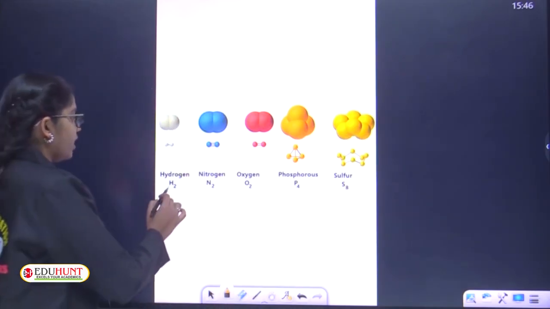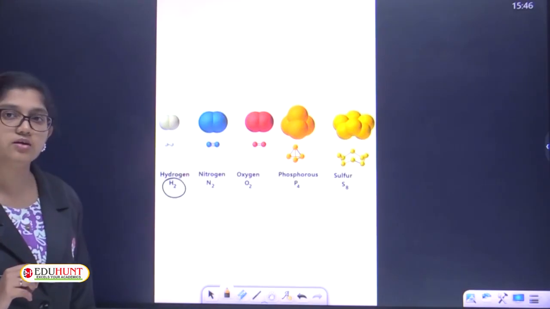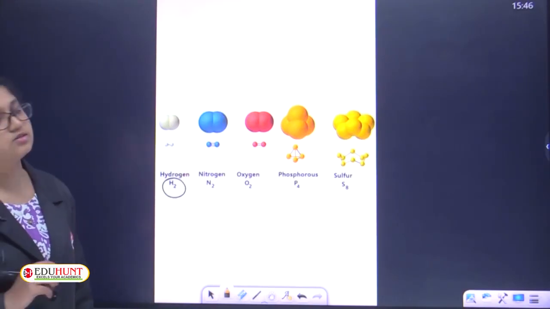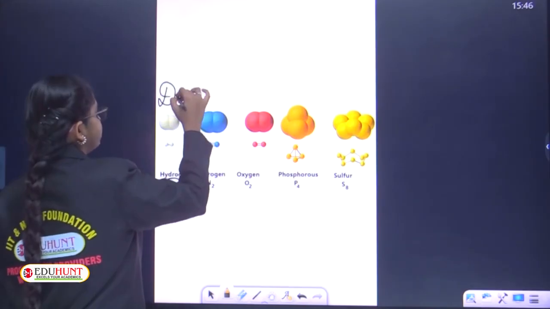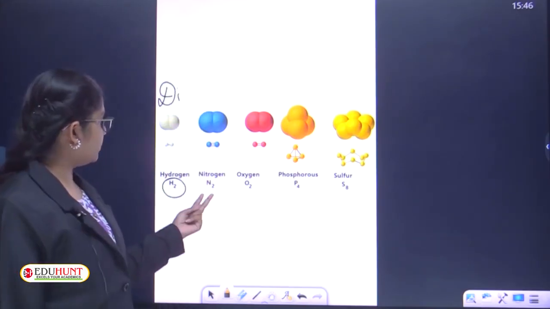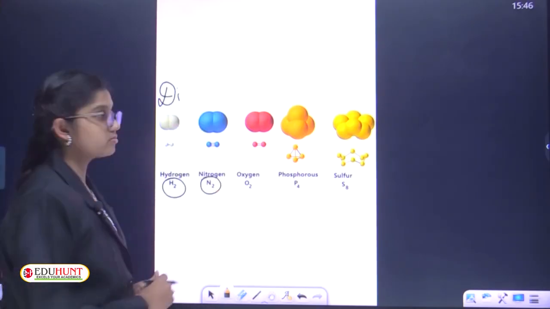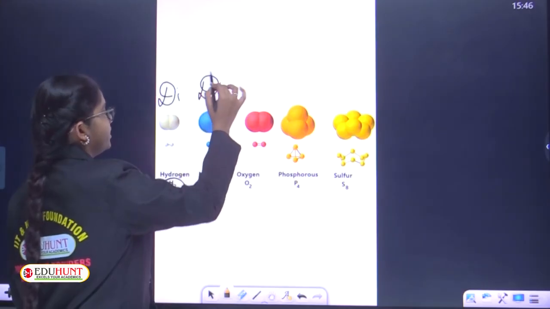If it is H2, hydrogen gas, it has 2 atoms. How can you write the name? Classification? Yes, diatomic, because it has 2 atoms in the diagram. And here, can you see nitrogen, N2? It is also di.